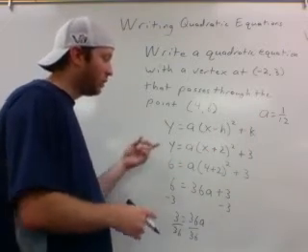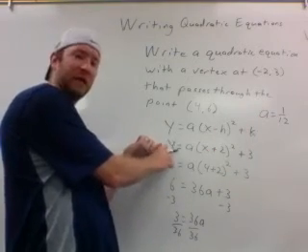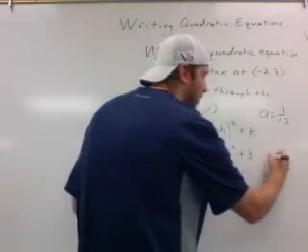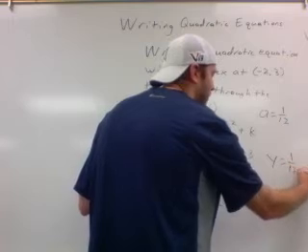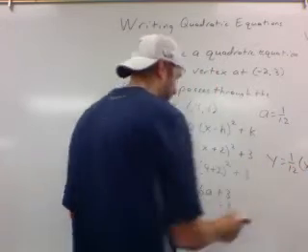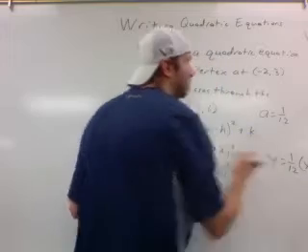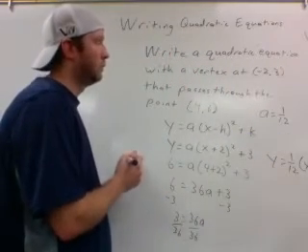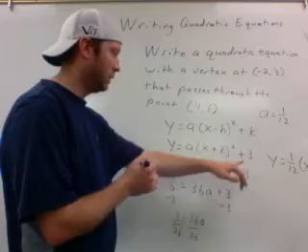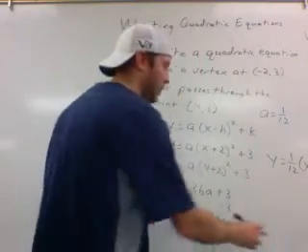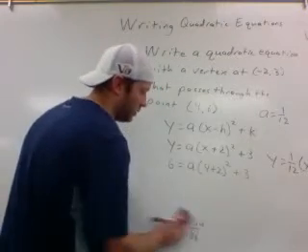All right, so then my final equation is going to be coming back to this guy, but plugging 1/12 in for a. So my final answer is y equals 1/12 (x plus 2) squared and then plus 3. And that might be off a little bit, so I'm just going to rewrite it down here.